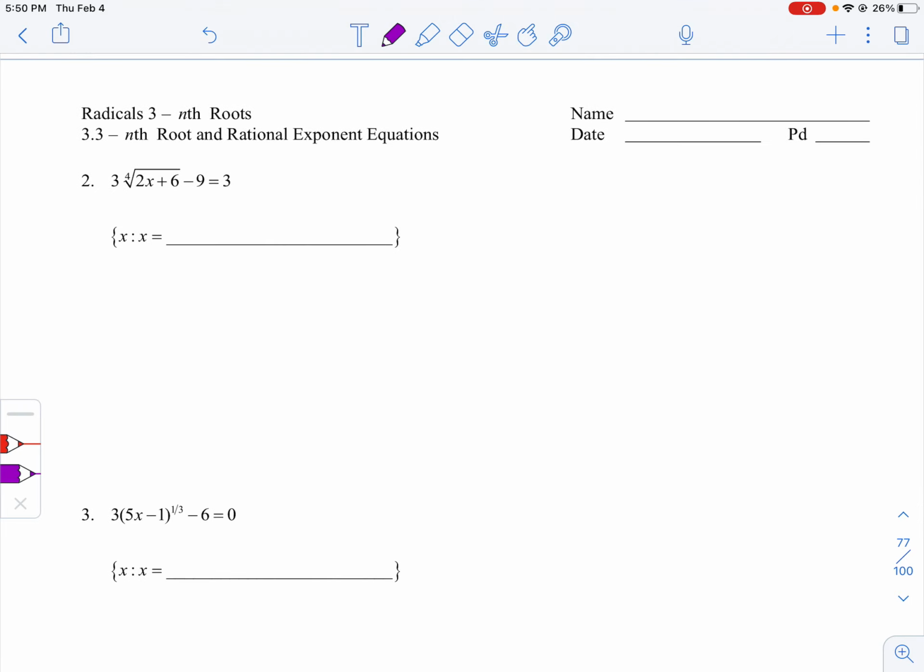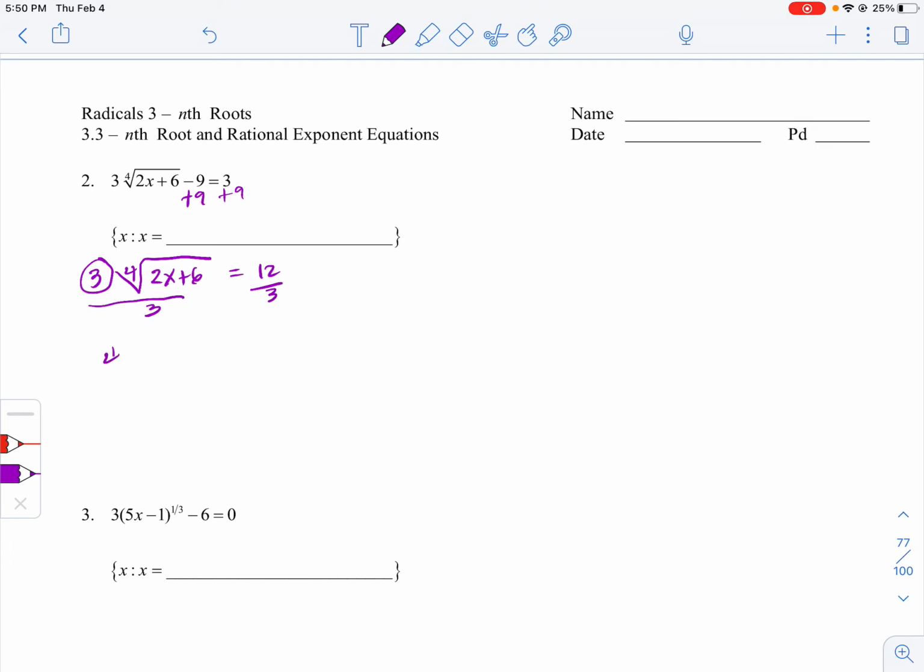Okay, number 2. I would have to add 9. Let's add 9 on both sides. I am going to have 3 times the fourth root of 2x plus 6 equals 12, because 3 plus 9 is 12. I am going to get rid of the 3 by dividing by 3 on both sides.